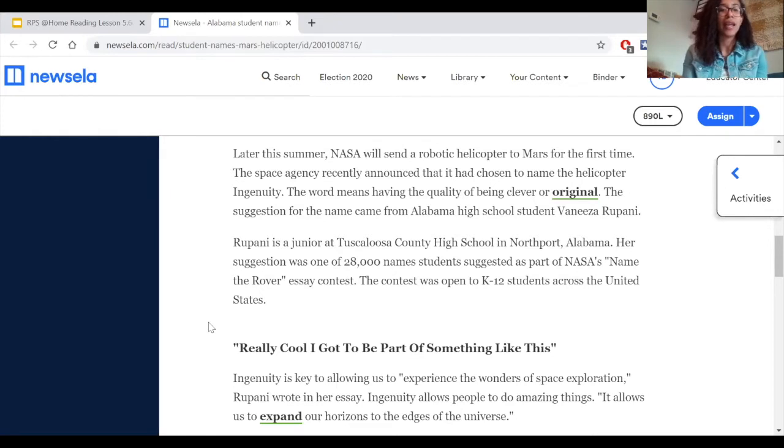Rupani is a junior at Tuscaloosa County High School in Northport, Alabama. Her suggestion was one of 28,000 names suggested as part of NASA's Name the Rover essay contest. The contest was open to K-12 students across the United States.